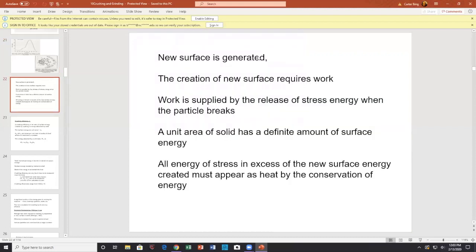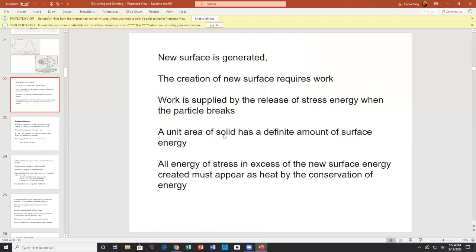New surface created. The creation of new surface requires work. And again, we're getting to this area that efficiency is new surface area generated divided by energy input. Work is supplied by the release of stress energy when particles break.